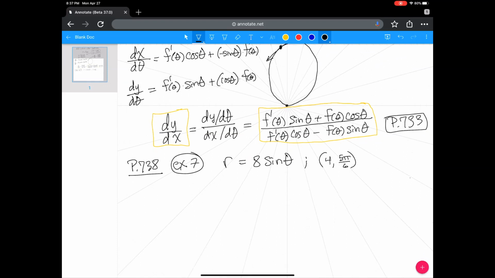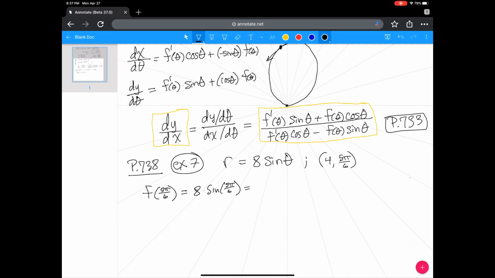Okay, so in order to use the formula right above it, I need to be able to plug the theta value, 5 pi over 6, into the function itself, into cosine, into sine and into the derivative of the function. So if I start with the function, f of 5 pi over 6 is, what's my function? 8 sine theta, so it's 8 times sine of 5 pi over 6.